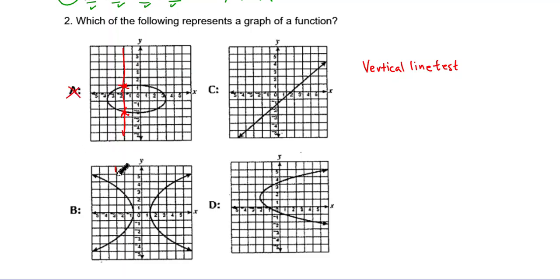Same thing here, right? You can draw the vertical lines anywhere, and if it hits it right there, it is not a function. Basically the x value, negative 3, is going to two different y values, and this is also not a function. C is a function because for every x value there's only one y value, okay?